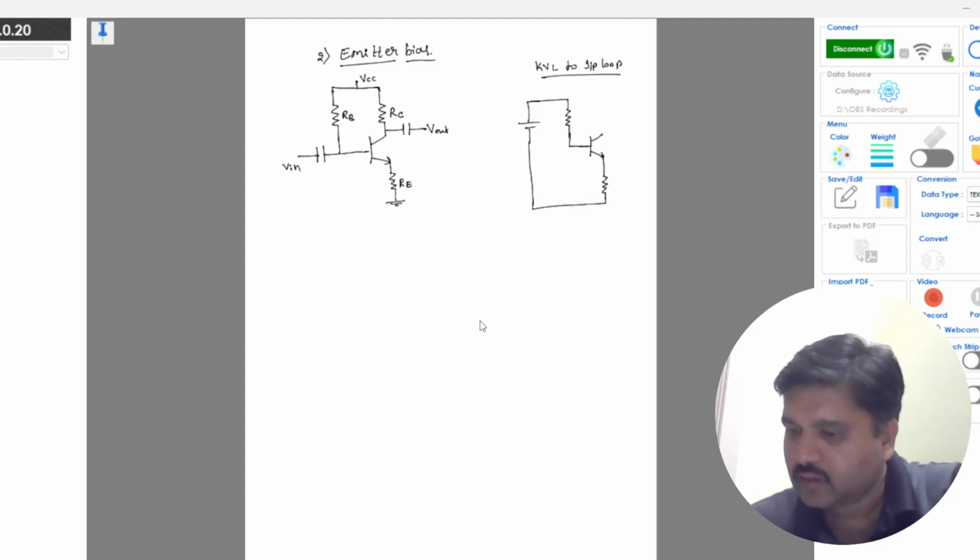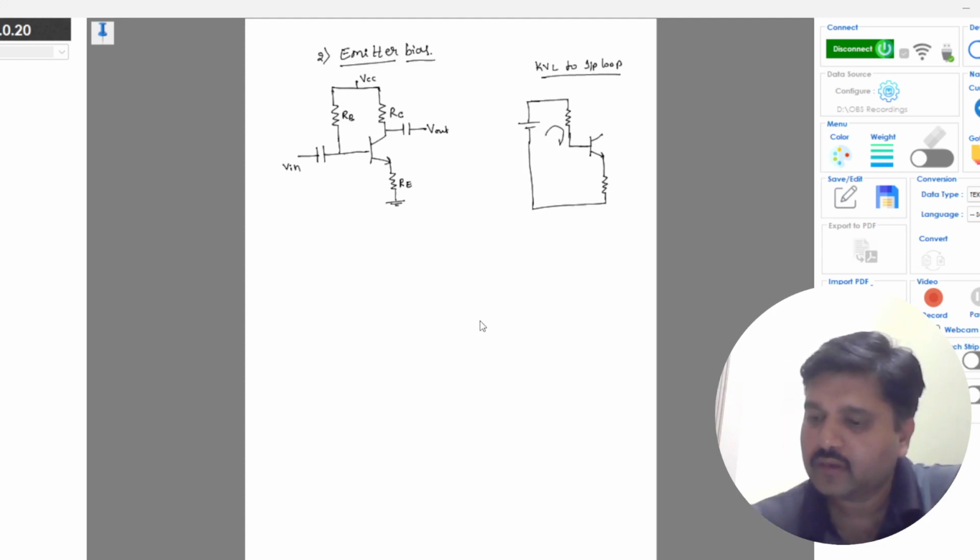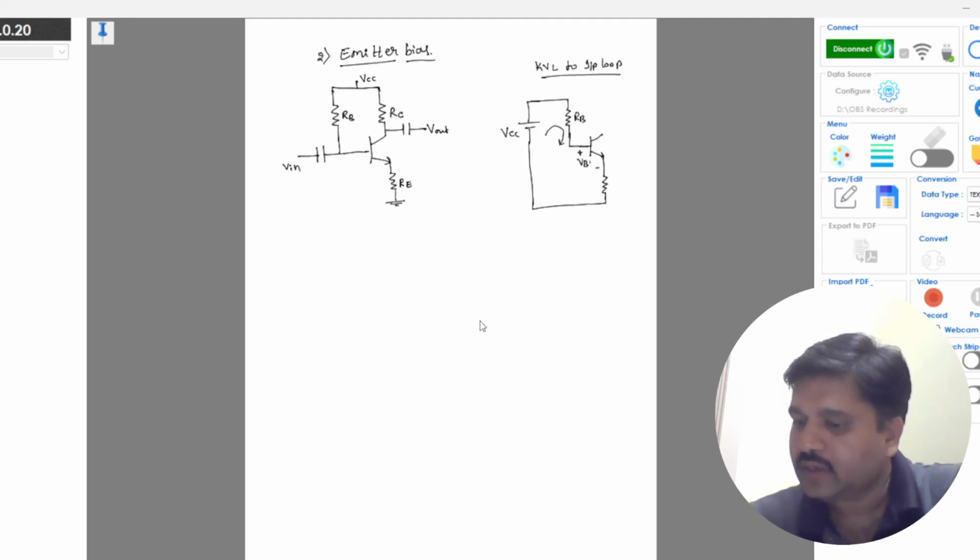So this is the modified circuit for only the input loop. This is VCC, this is RB, you have VBE in the loop and RE, the current flowing through this is IE.